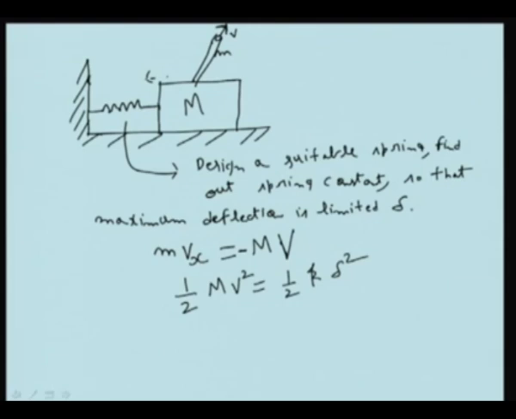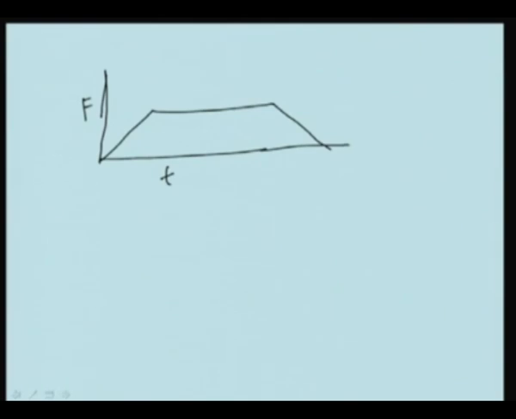Another type of problem can be one where the force profile is given to you, that is force versus time, and you are required to find the velocity of a particle which starts at rest from 0 and reaches this point, and what is its velocity after time t.